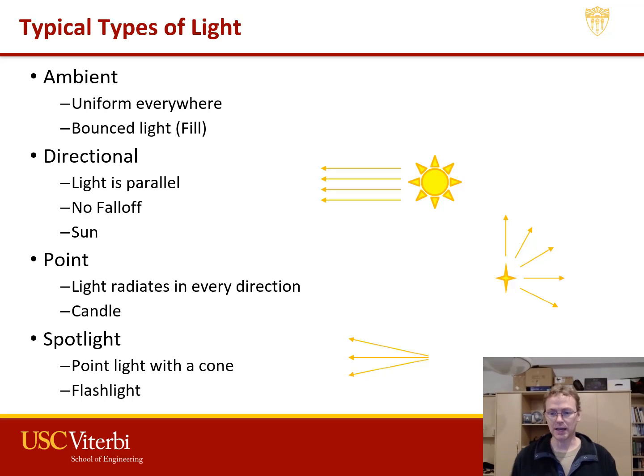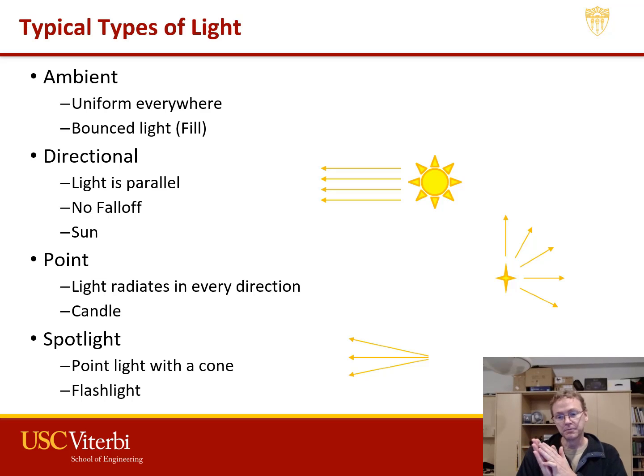If we're doing a game based on Earth, the sun being 93 million miles away is approximately the same distance on the ground as it is on the 10th story of the building. It doesn't really matter where you are. The distance falloff is going to be the same.